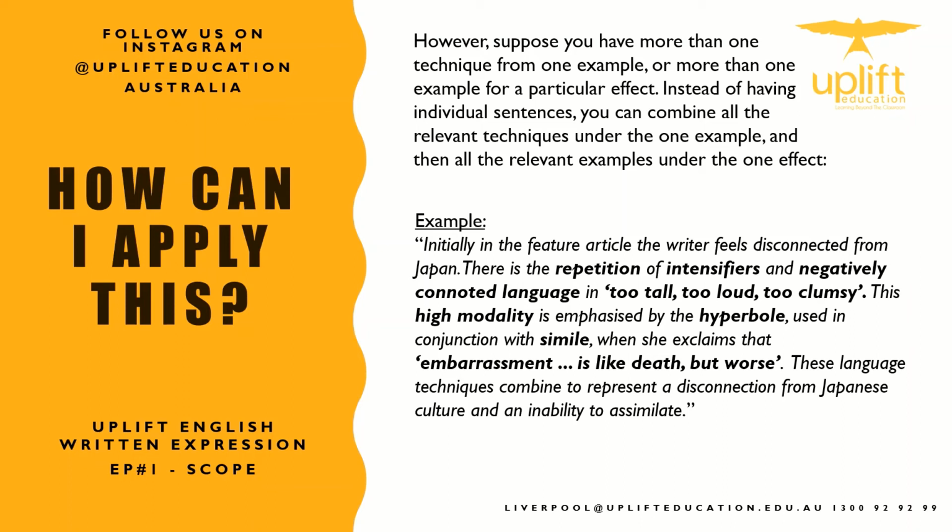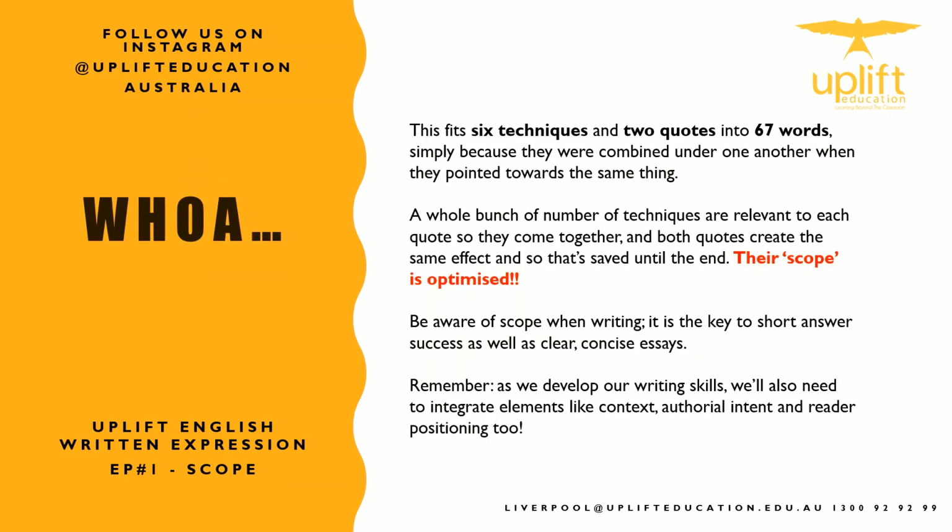And then we had a quotation: embarrassment is like death, but worse. And then we rounded off with an explanation. These language techniques combine to represent a sense of disconnection from Japanese culture and an inability to assimilate. Now, as you can see, we fit 6 techniques and 2 quotes into 67 words simply because they were combined under one another when they pointed towards the same thing.